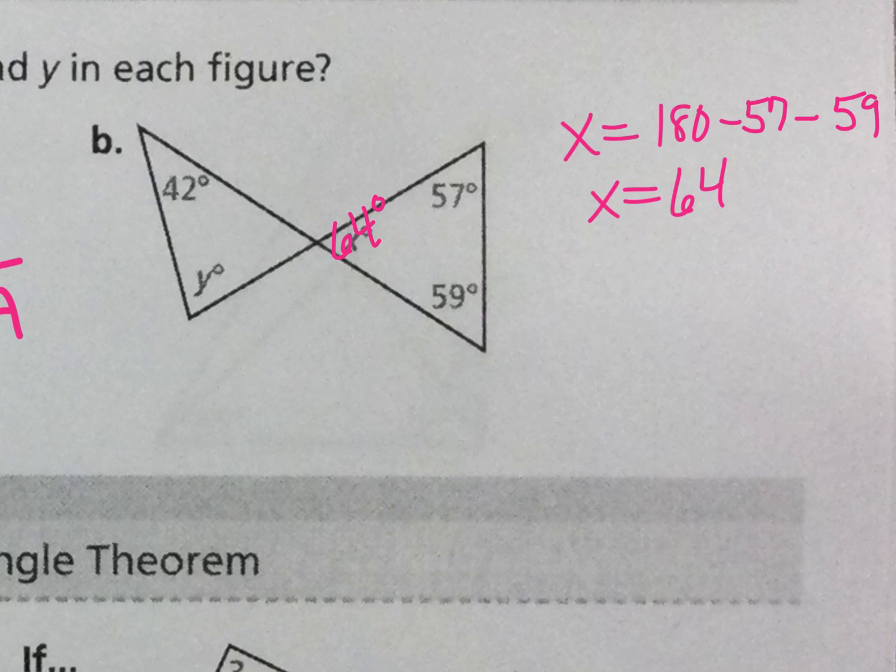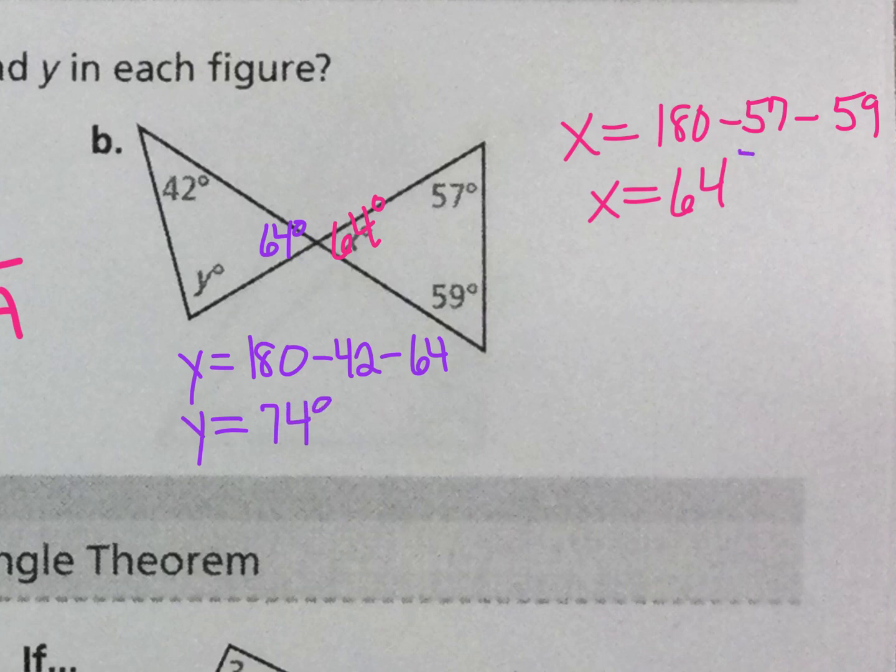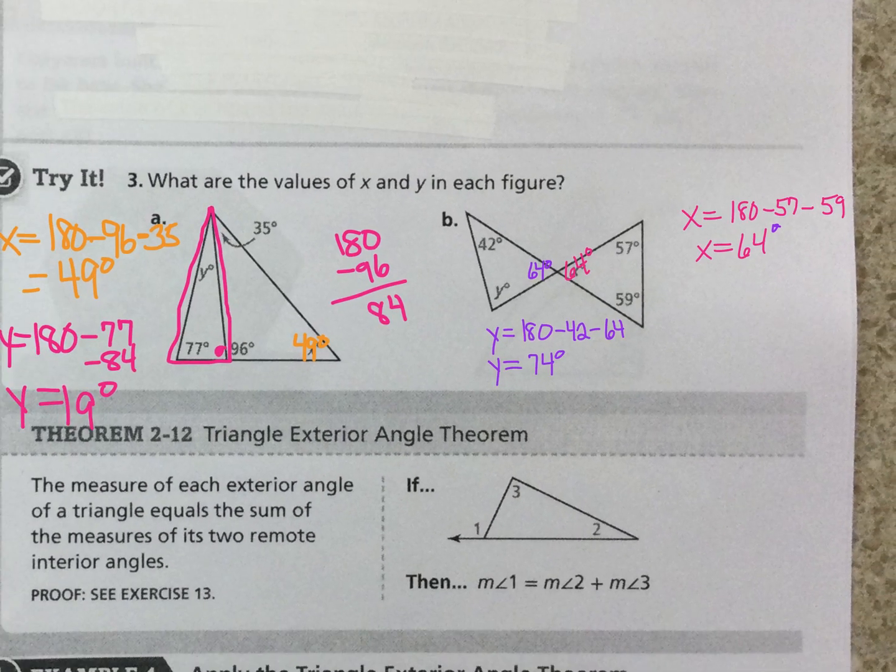And then you have to use your vertical angles theorem to put 64 over here. And y is going to equal 180 minus 42 minus 64. So y equals 74. Put my little degrees on these.